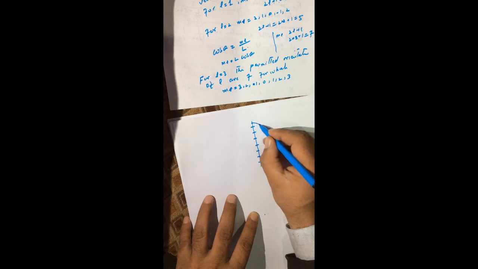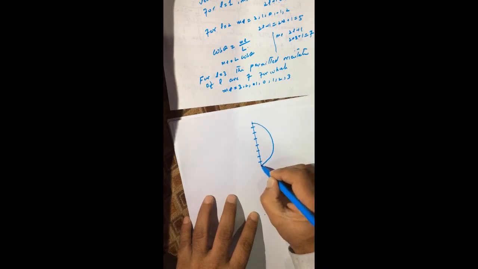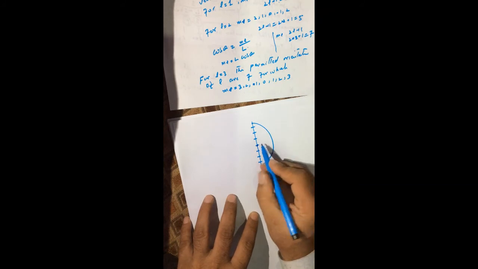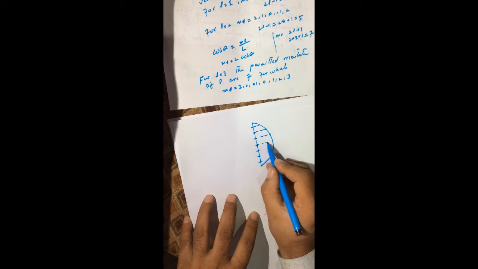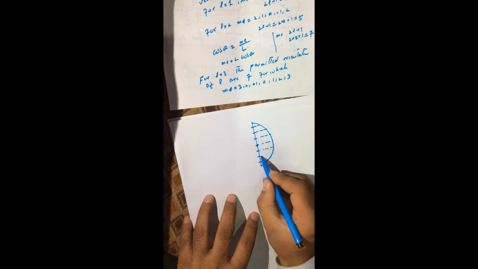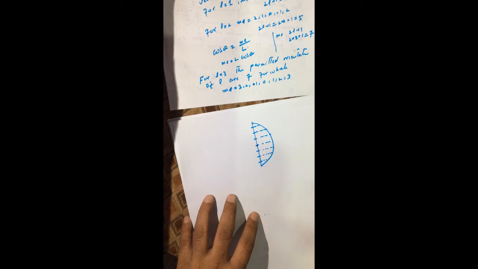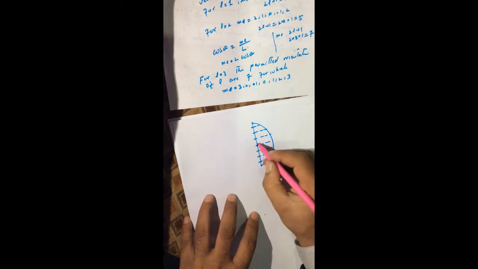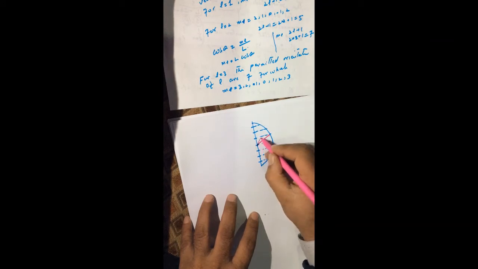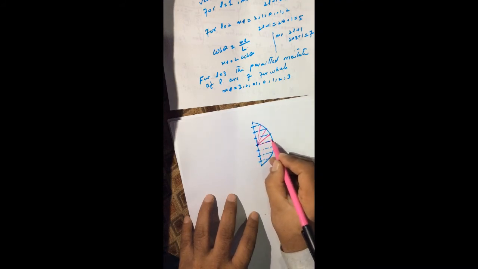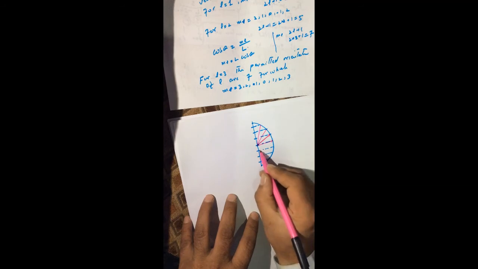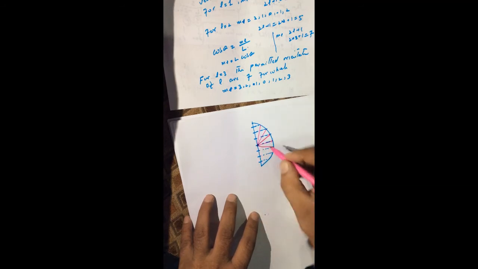So L has one possible orientation this one, the other one is this one, the third one is this one, the fourth one is this one, the fifth one is this one, the sixth one is this one, and the seventh one is this one.